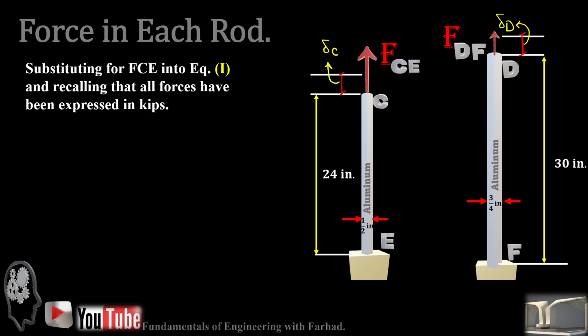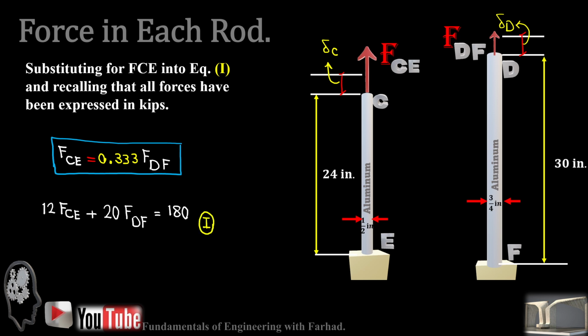The force in each rod is then easily calculated based off our first equation from statics. F_CE is calculated and replaced in the very first equation. If we remember, we got this equation based off statics, from summing moments about point B. It gives us 12 F_CE plus 20 F_DF is equal to 180, and that's our equation 1.